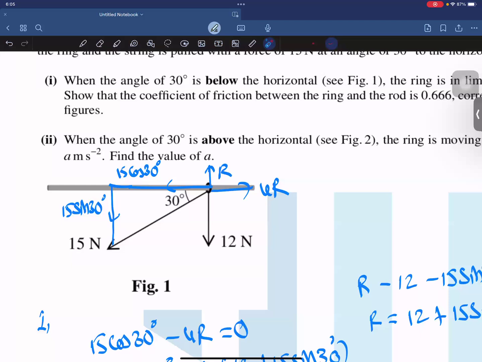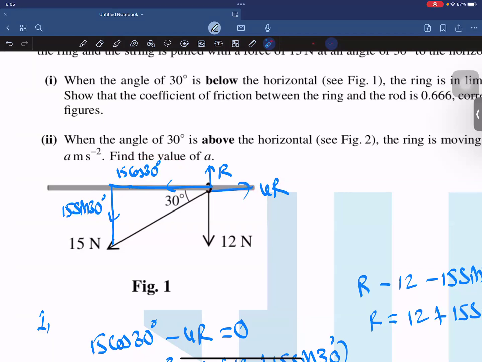Since 15 cos 30 is trying to pull this ring towards the left, it's not actually moving, but we can say that the ring is about to slip towards left. So the friction would be acting in the opposite direction.